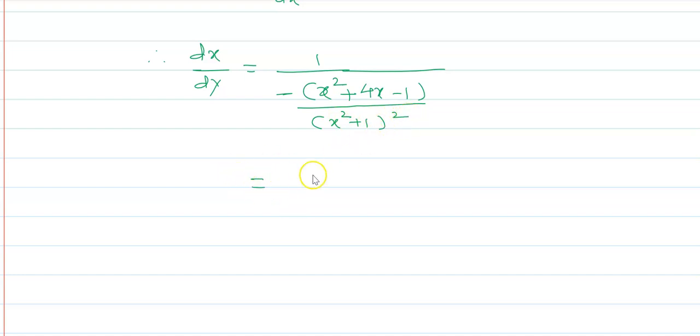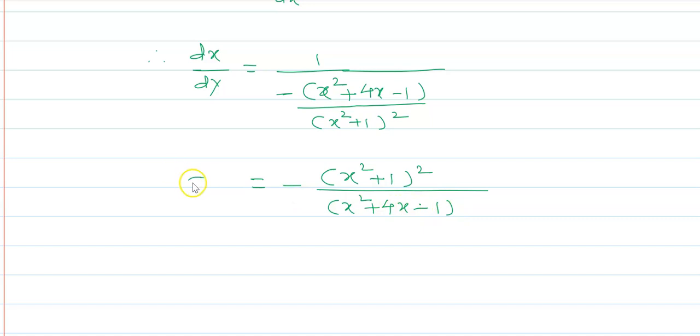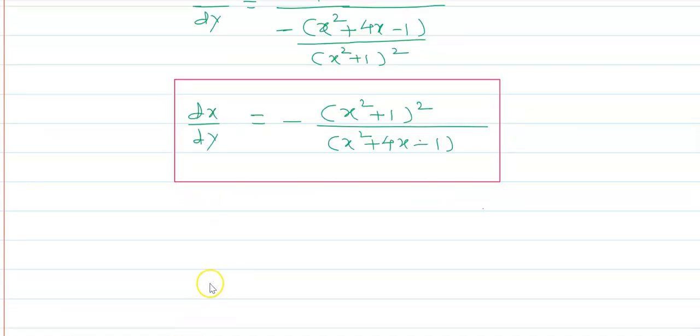Then it will become multiplied and reciprocal, and hence you will get x square plus 1 bracket square upon in bracket x square plus 4x minus 1, with the minus sign, and this is the dx upon dy. Hence this is the answer.